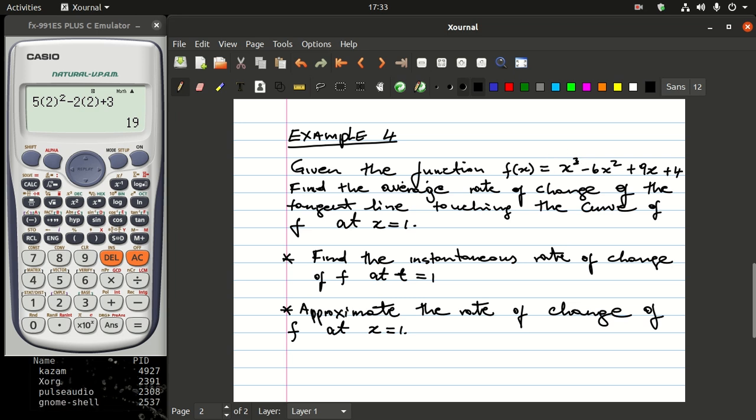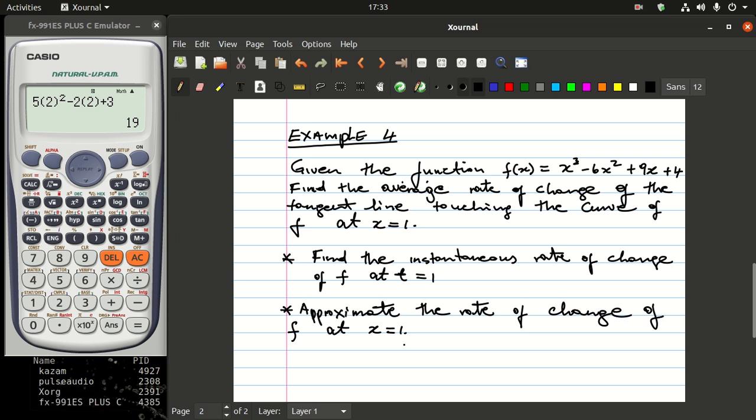According to this function, what we are trying to find, we want to find the exact rate of change at this point. But for the tangent line, it is the average. So this question here that's saying find the instantaneous rate of f at this point is the same as saying approximate the rate of change of f at x is equal to 1. So these three questions are just one and the same thing.